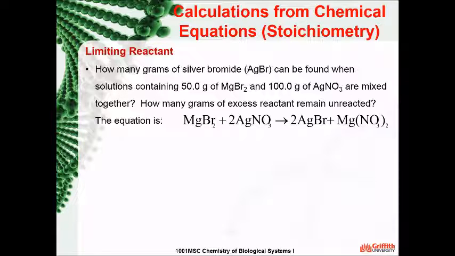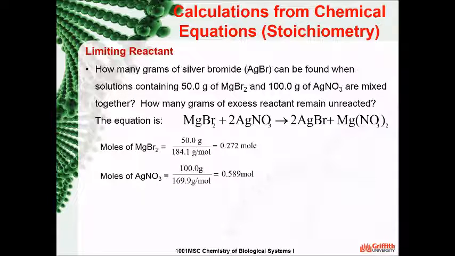The balanced equation is MgBr2 plus 2AgNO3 gives 2AgBr plus Mg(NO3)2. The moles of MgBr2 is 50 grams over 184.1 grams per mole gives 0.279 moles.